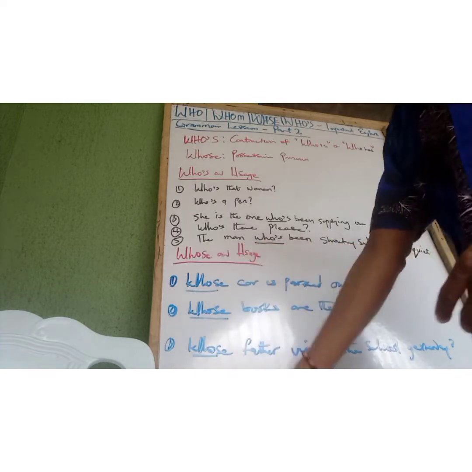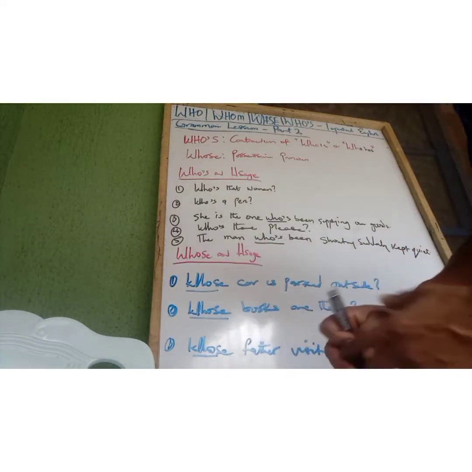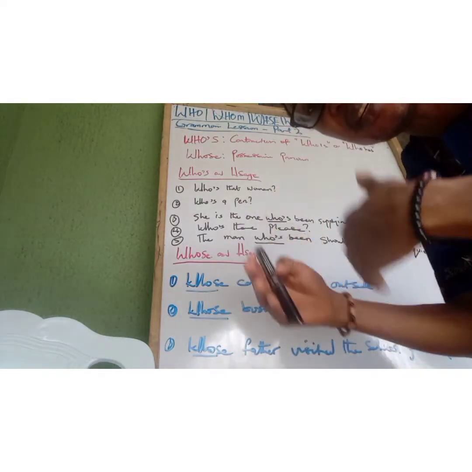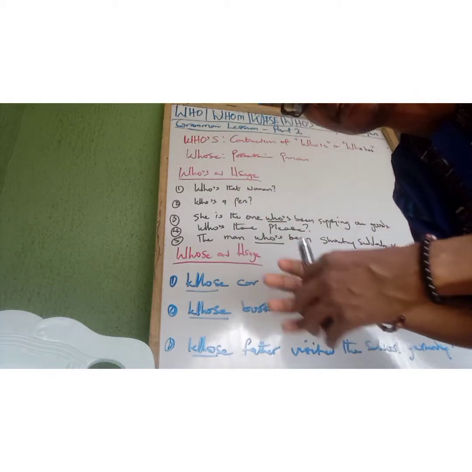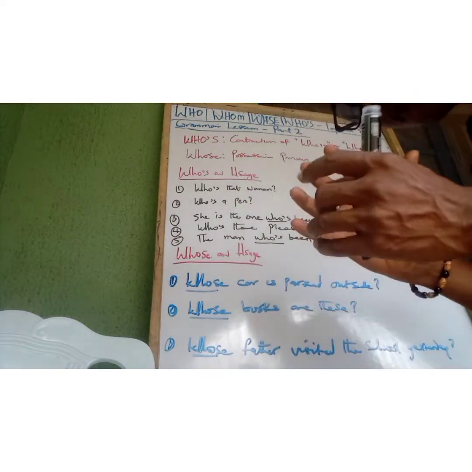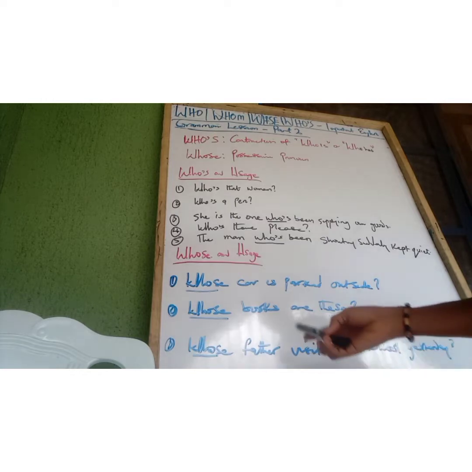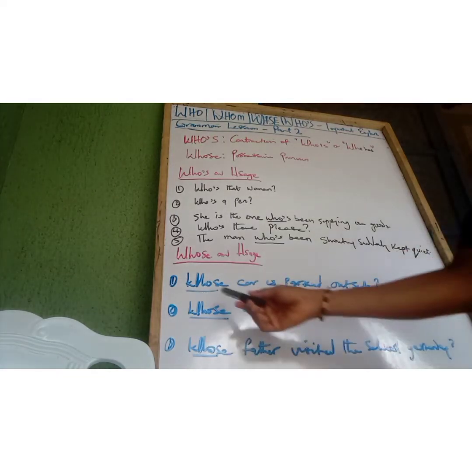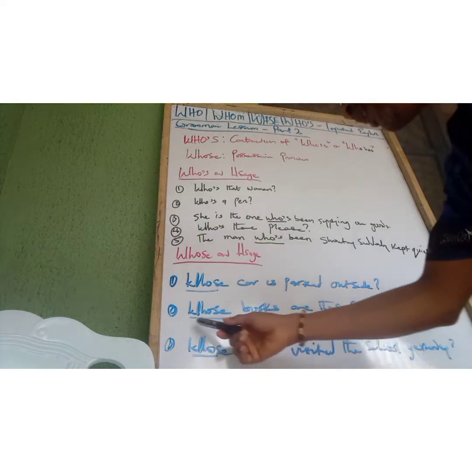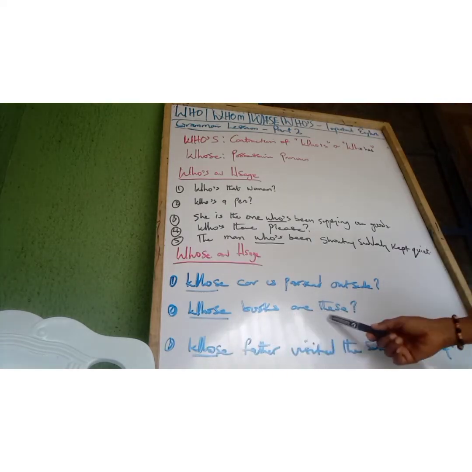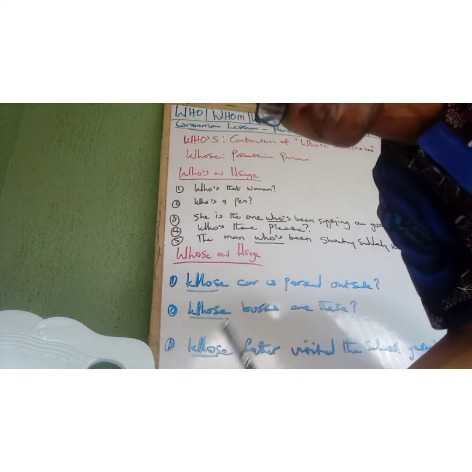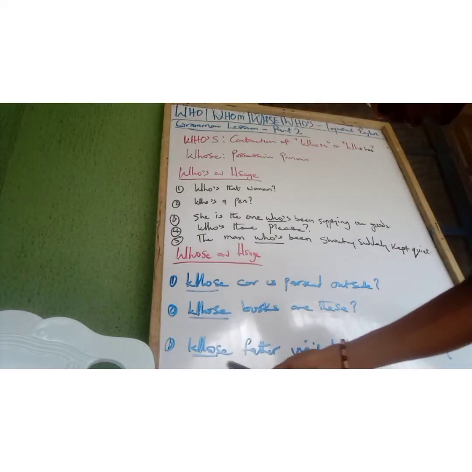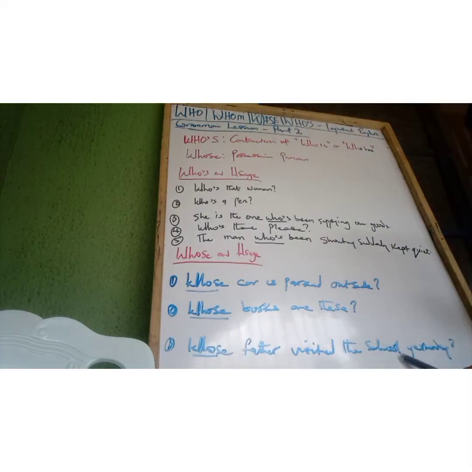Then whose is the possessive pronoun, which shows possession. I have about five sentences that will show us how to use them correctly, whether in spoken or written English. Whose car is parked outside? Whose books are these, please? Whose father visited the school yesterday?